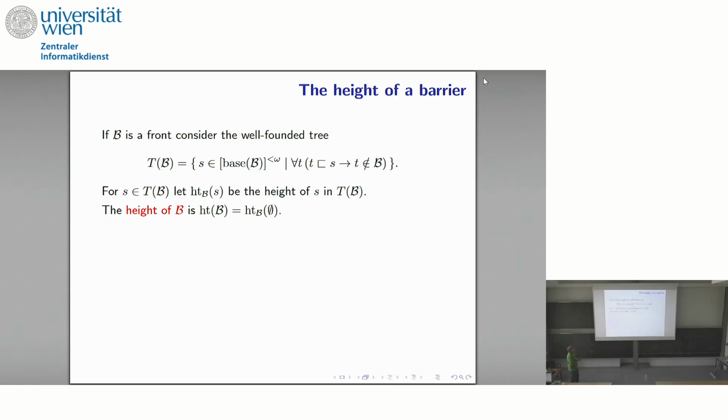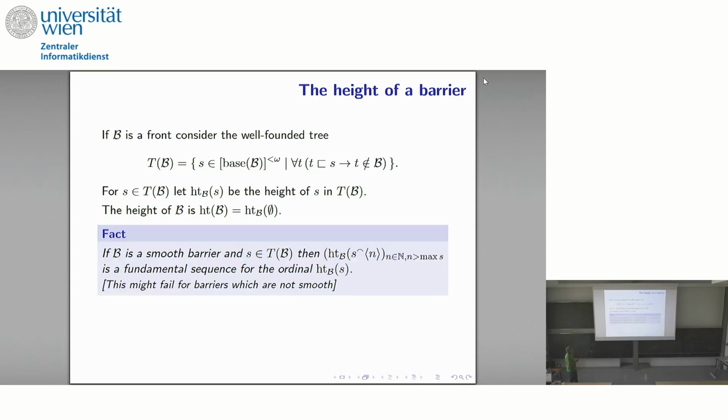Then if B is a front, the fronts being the most general, you can consider this tree, which is the set of things which are either B-small or exactly B-size. This is a well-founded tree, and you can define the height of a well-founded tree as usual. If B is a smooth barrier and S is an element inside the tree, then the heights of the immediate successors of S in the tree are exactly a fundamental sequence for the ordinal you are looking at.